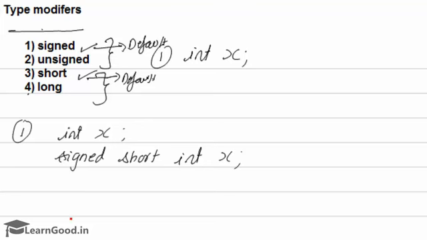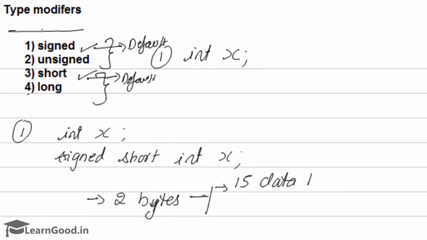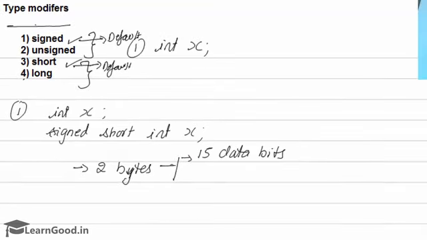So when I give int x, this will be taken as signed short int x. That means the number of bytes allocated is going to be 2 bytes, that is 16 bits. Of the 16 bits, 15 will be used as data bits, and the last will be used as a sign bit.